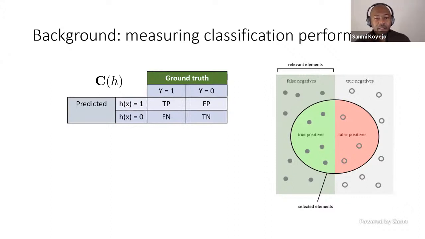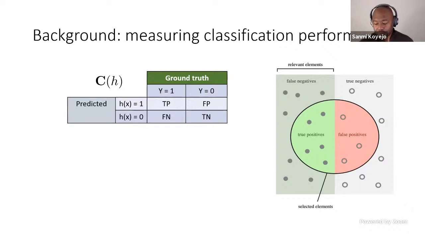Here on the left, I'm showing a confusion matrix illustration for a binary classification problem. In binary classification, the classifier is predicting one of two instances. It's either predicting 1 or 0, and the ground truth is itself also 1 or 0. If you take all combinations of predictions and ground truth, we can compute 4 numbers for a data set or some data distribution.